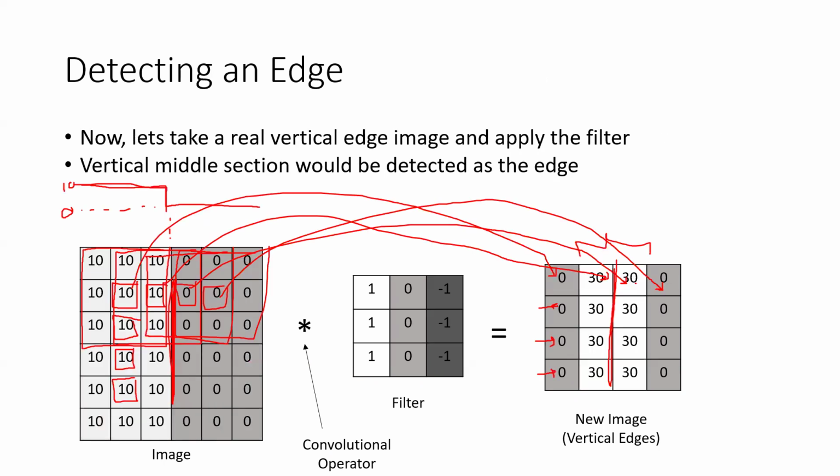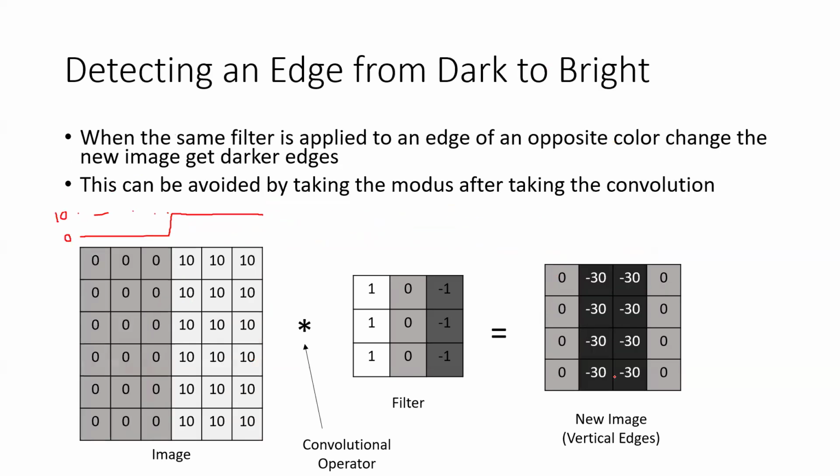But in the earlier case, when the original image was reducing the color in the vertical direction, in the vertical edge, it was positive 30, which is a white color edge detected in the vertical edge image.